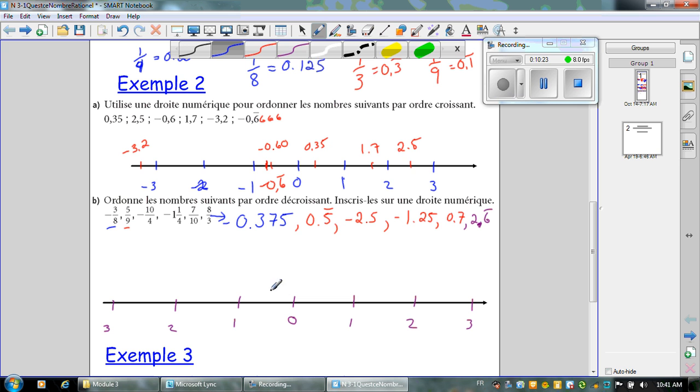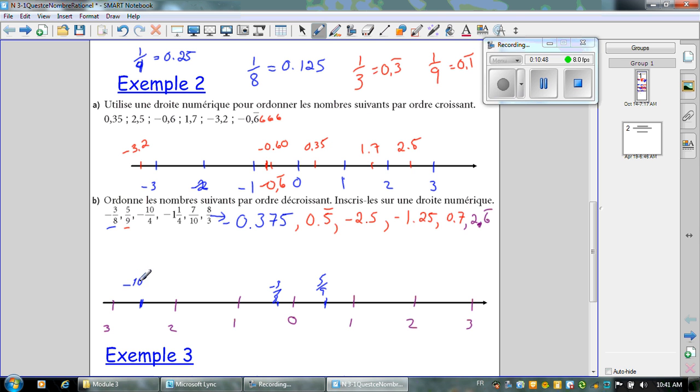So that's the negative 3/8 that would go here. The second one was 5/9, that's 5 repeated, a little bit more than halfway. That's 5/9.